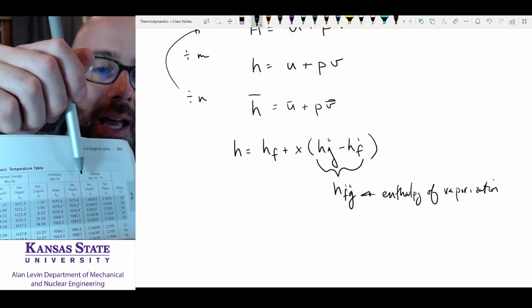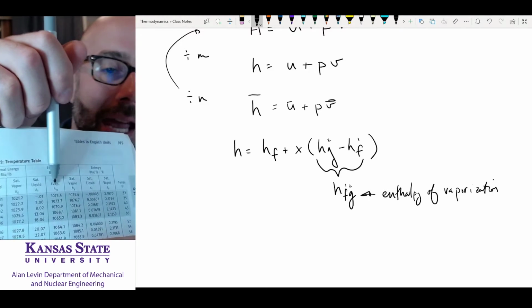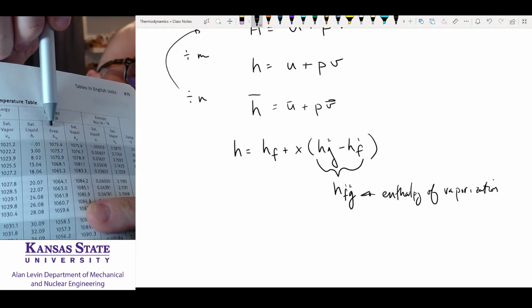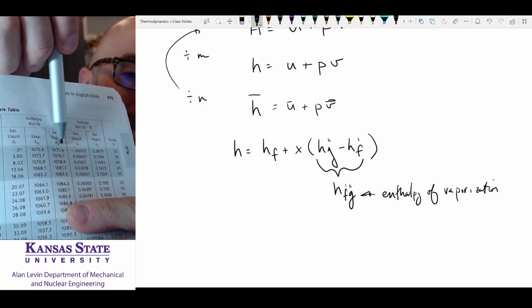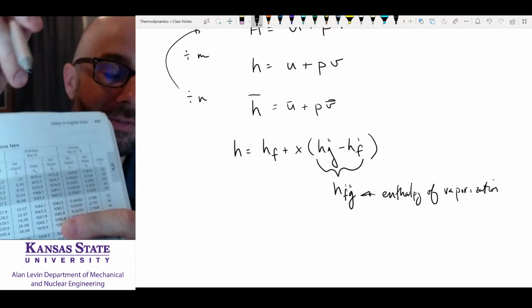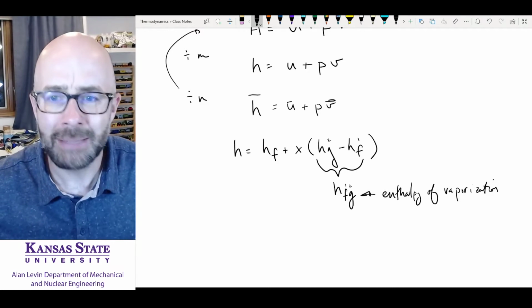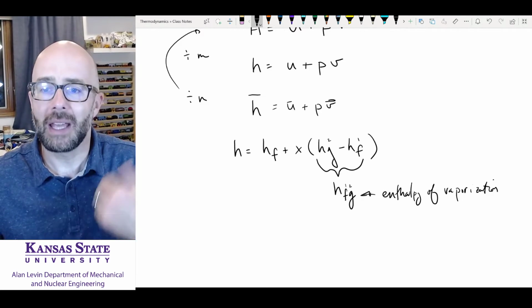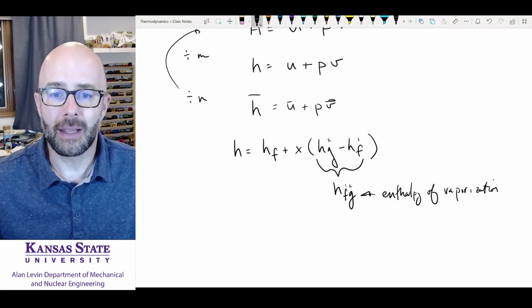And notice here, saturated liquid, saturated vapor, and then right between those is going to be hfg. It's evaporation that's happening there. Basically, all it's doing is taking this number and subtracting it from this number and putting it right there in the middle. They're doing some math for you. It's very convenient of them to do that. It's very simple. You can do it yourself. But they call it evaporation, the same thing as vaporization. And that's what it's there for.